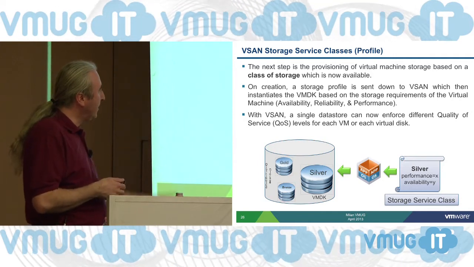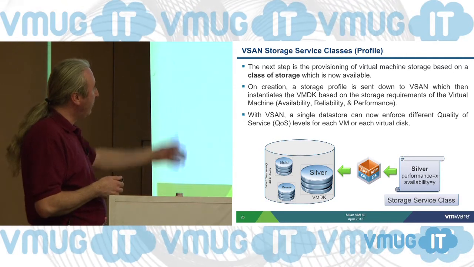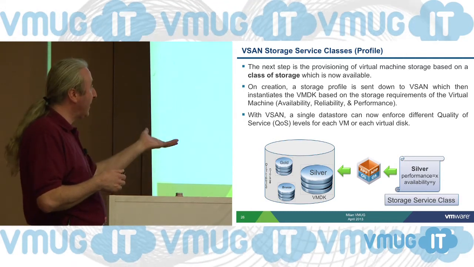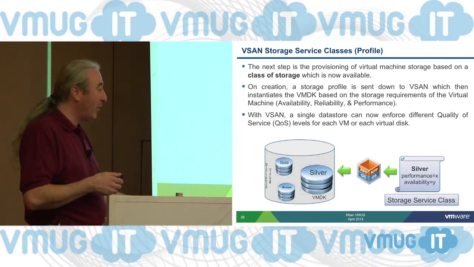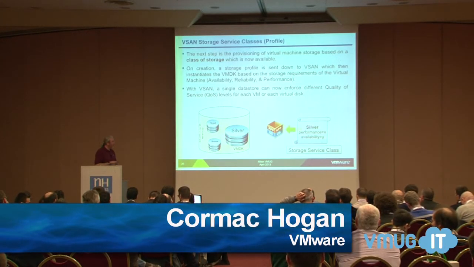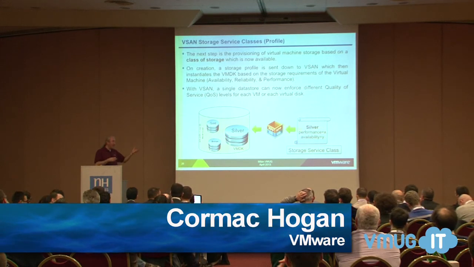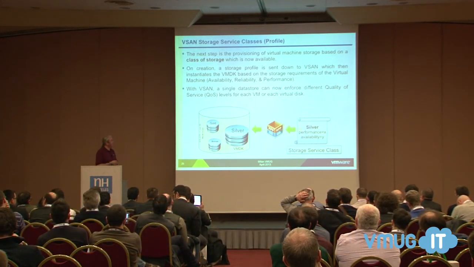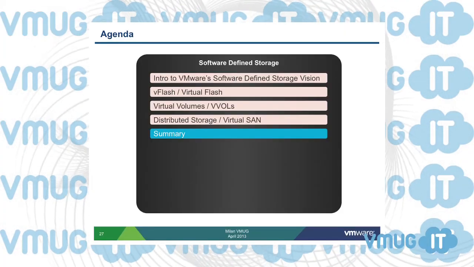And so I might instantiate a virtual machine. I would select the policy called silver because it has a certain performance requirement and a certain availability requirement, which is what I want for my virtual machine, and that just gets instantiated as a VMDK onto my distributed data store.